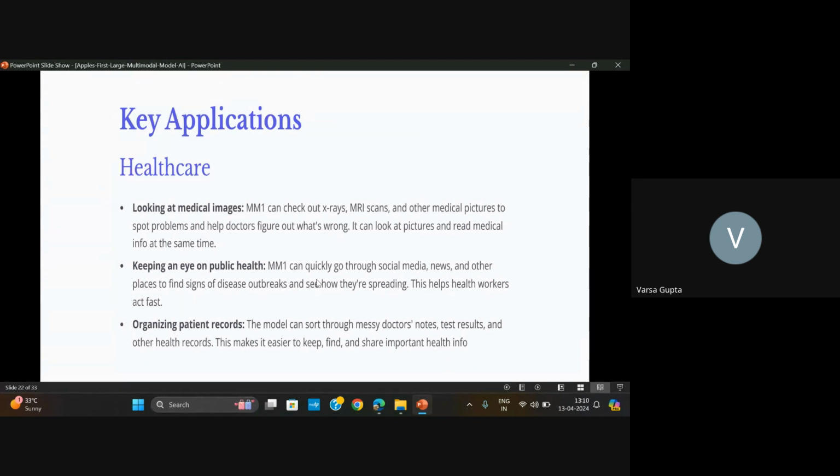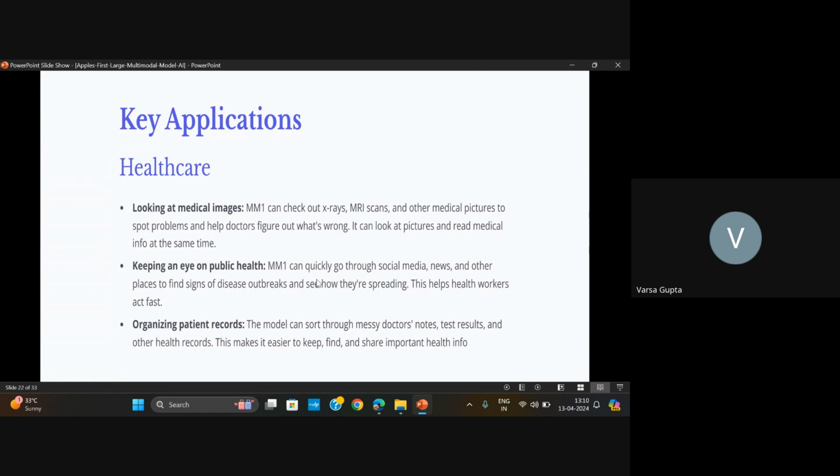And then, for keeping an eye on public health, MM1 can quickly go through social media, news, and other places to find out about disease outbreaks and see how they are spreading. In the corona time period, we saw that the preparation of the vaccine was not so fast. The doctors were unable to actually predict the symptoms of corona, so it delayed the preparation of the covid vaccine.